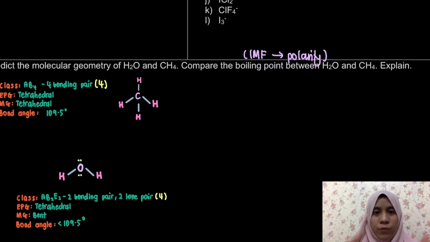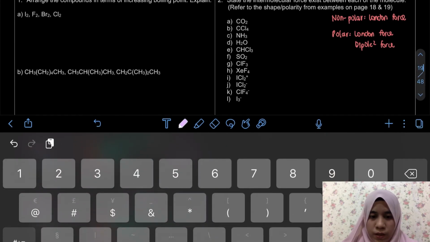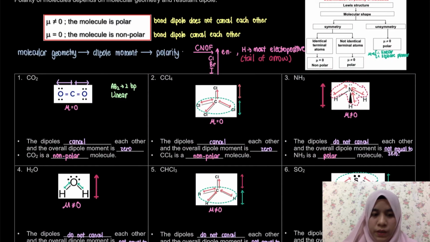Because we have already done the shape, remember on your notes page 19, I believe. This molecular geometry is done. Next, we have to draw the dipole moment to determine the polarity. Remember, the arrow will be towards fluorine, oxygen or nitrogen, or between chlorine, bromine, iodine.